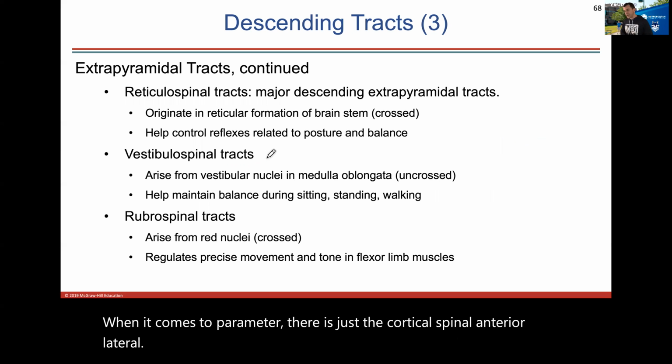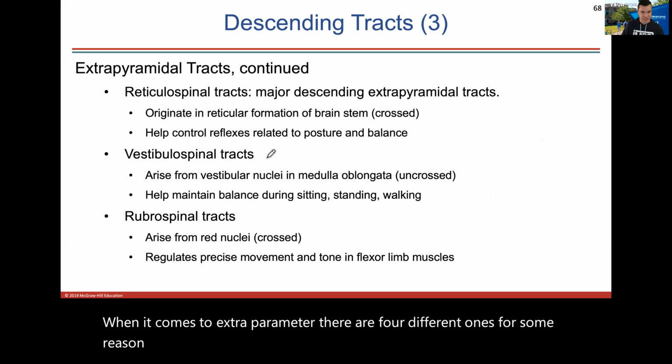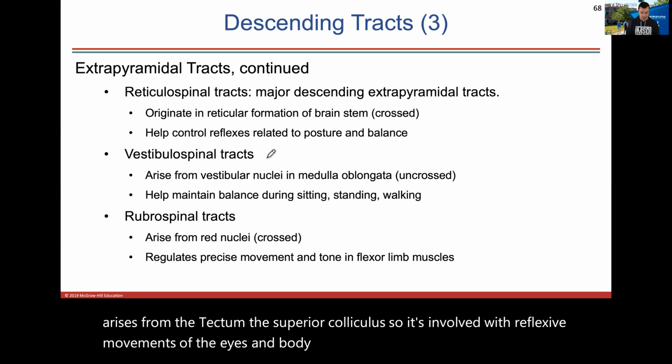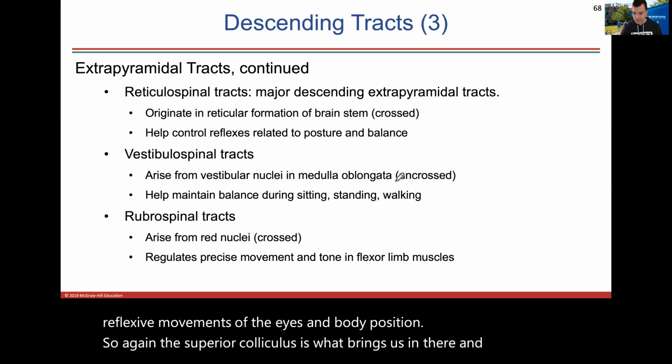When it comes to extrapyramidal, there are 4 different ones. For some reason, tectospinal is not associated with this in this book. Tectospinal arises from the tectum, the superior colliculus. So it's involved with reflexive movements of the eyes and body position. Again, the superior colliculus is what brings us in there, and that's all right here, tectospinal.